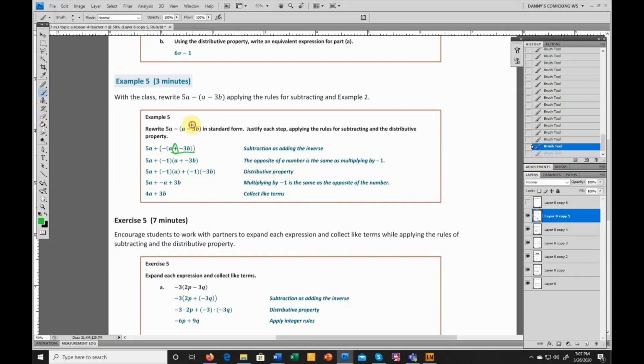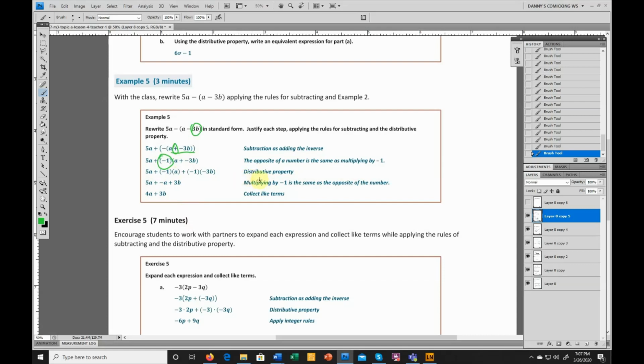I'm going to make that circle a little better so you can see it. 5a plus minus 1 times a plus minus 3b. The opposite of a number is the same as multiplying by minus 1. So we are multiplying by minus 1. If you do the opposite of a number, you can do this. It's the same. Really, you're just adding that multiplication there to justify this answer.